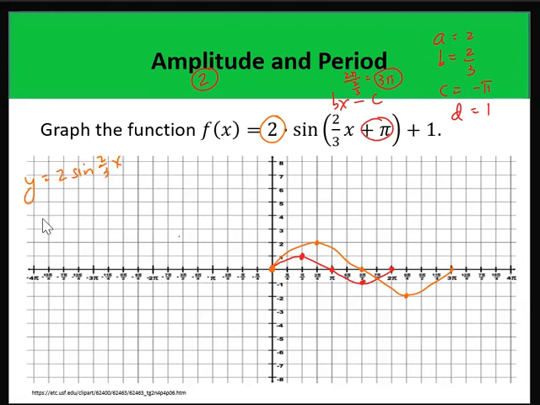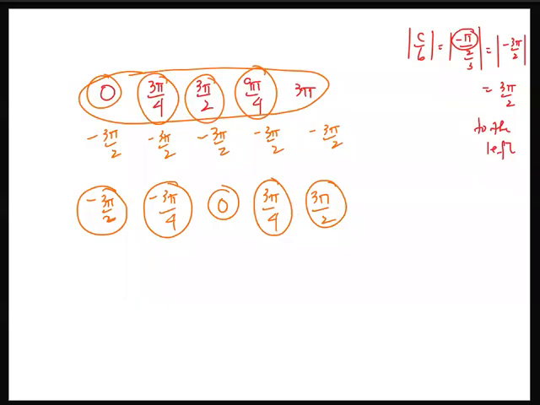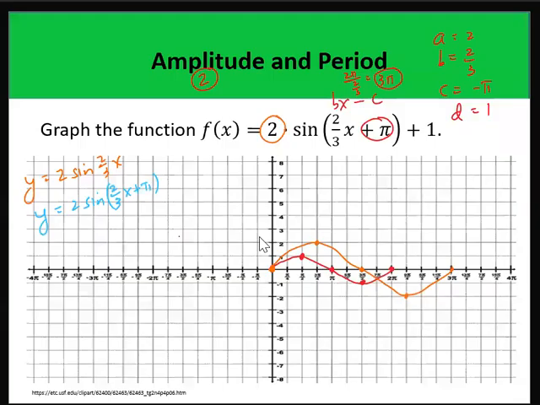However, if you are going to apply the graph for the horizontal shift, we have to move all these 5 orange points by 3 pi over 2 units to the left. So that's why we have these labels here. So at negative 3 pi over 2, we have, where's negative 3 pi over 2? It's here, negative 3 pi over 2.